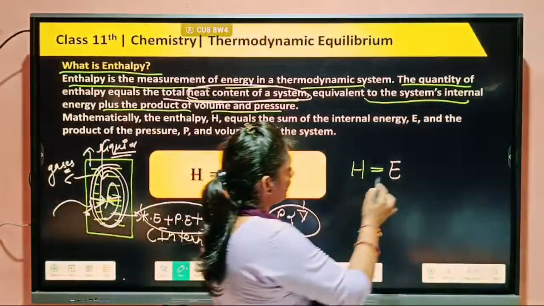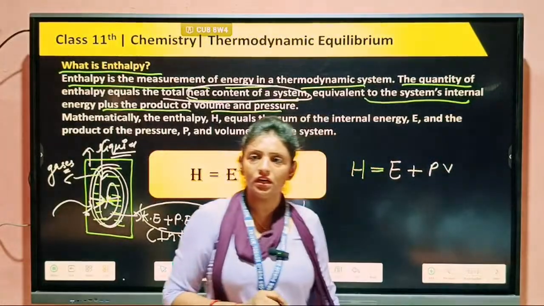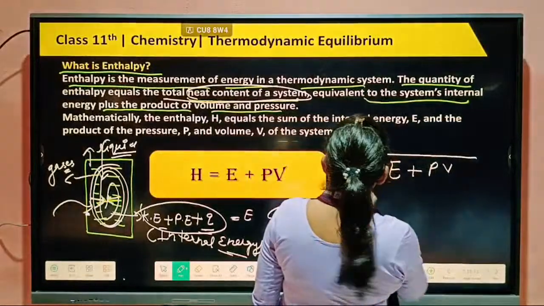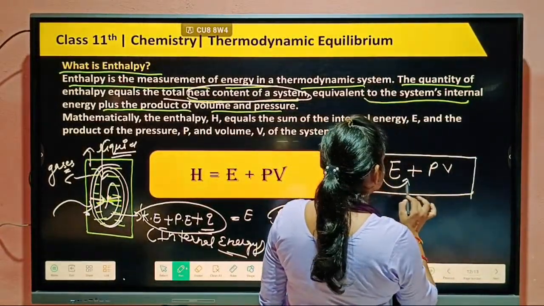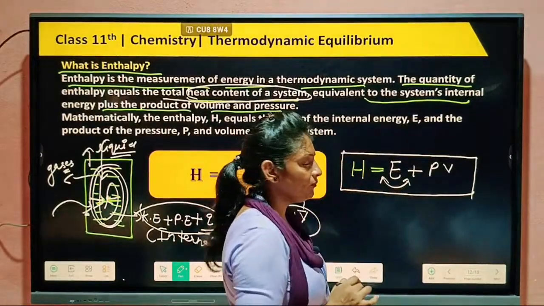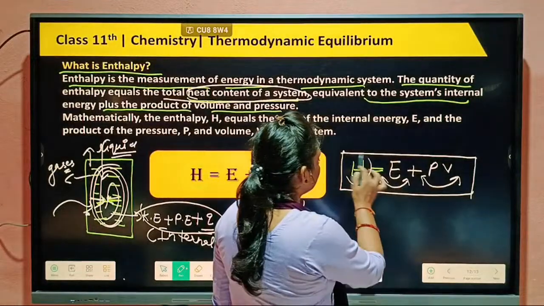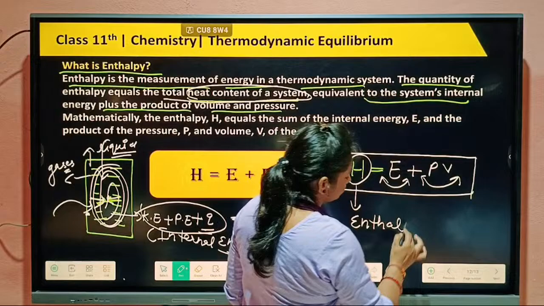So plus the product of the pressure and volume. This total heat, the sum of the internal energy present in a system plus the product of the pressure and volume, is known as the enthalpy.